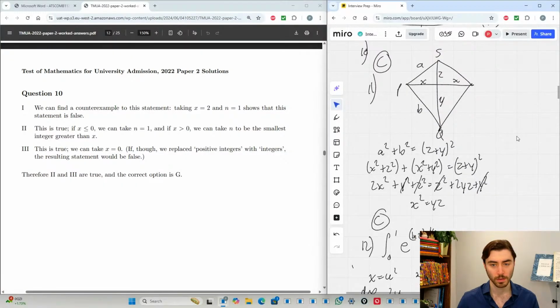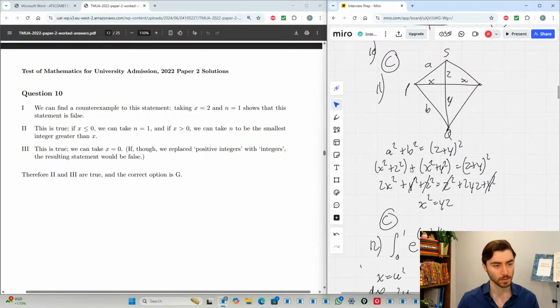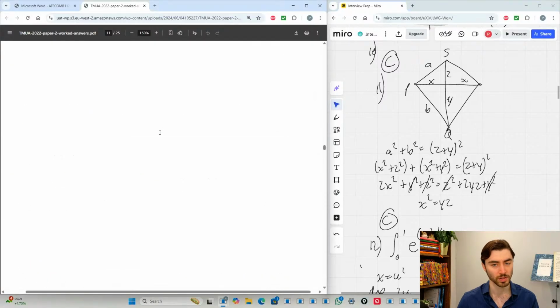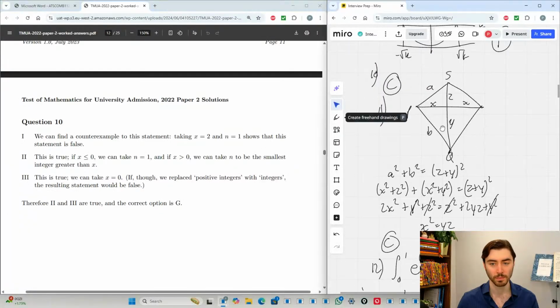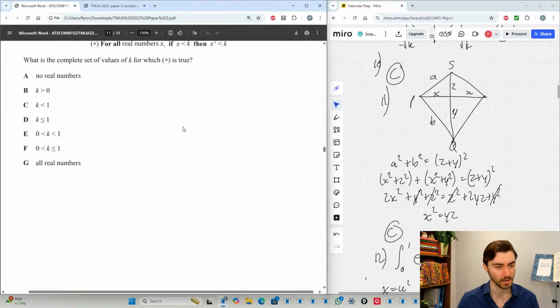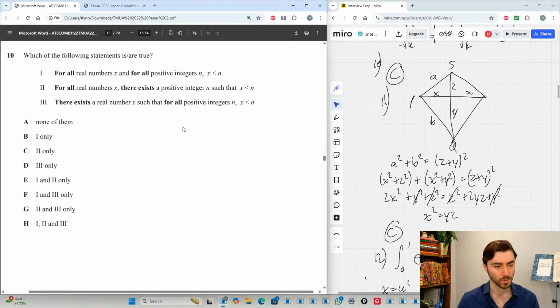So, oh no, I got this wrong. No, I'm looking at the wrong question. 10 was A. No, I did get this wrong, but for different reasons. So 10 was G. Oh, so it was 3 as well. Oh, positive. Oh my god.